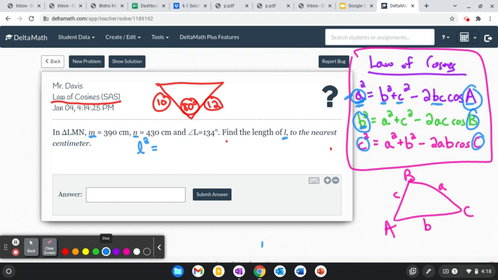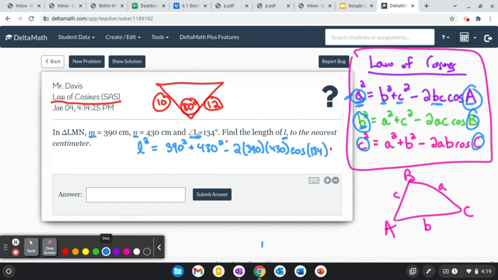We're given M and N. So those are going to be like our B and C, if you will. So we're going to do 390 squared plus 430 squared minus 2, it'll always be minus 2. And then we're going to do parenthesis because we're multiplying: 390, close parenthesis, another parenthesis, 430, close parenthesis. And then the cosine, and notice this angle, big L, matches the little l that we're given. So the cosine of 134.